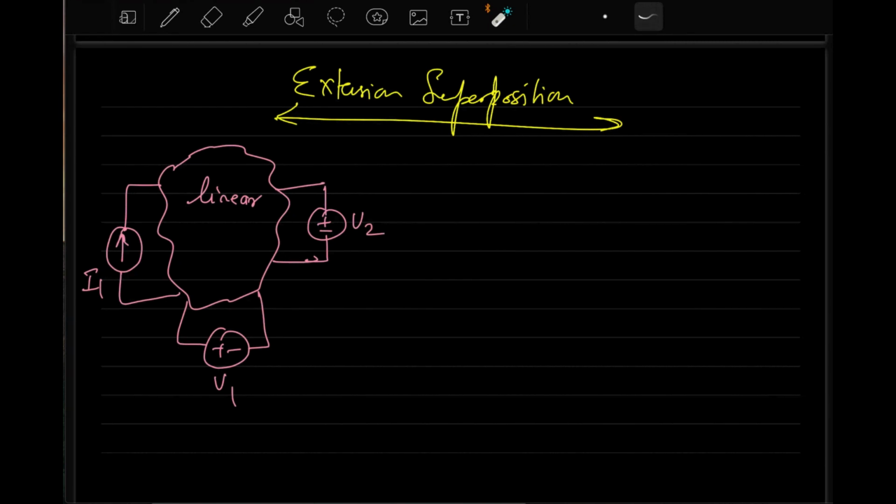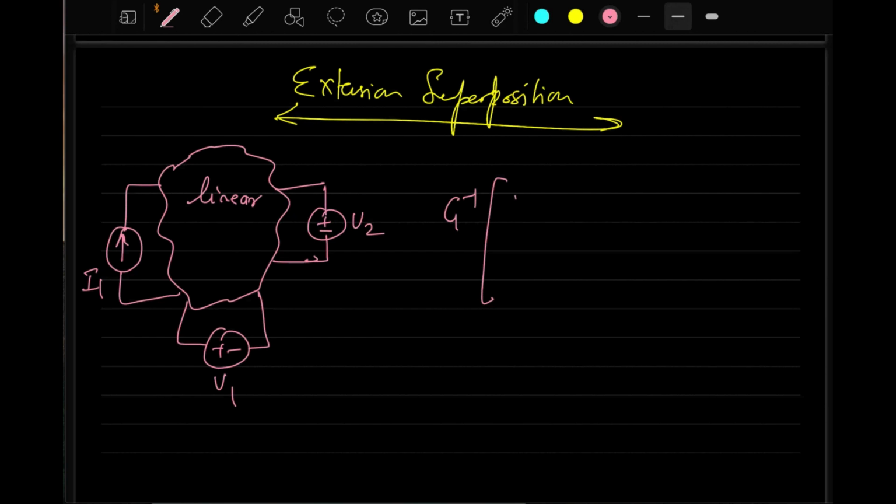So the important point that I want to discuss here is, it's not necessary that you always have to shut down all the voltage and current sources and keep only a single current or voltage source. What you can do is, you can have two activated at the same time.